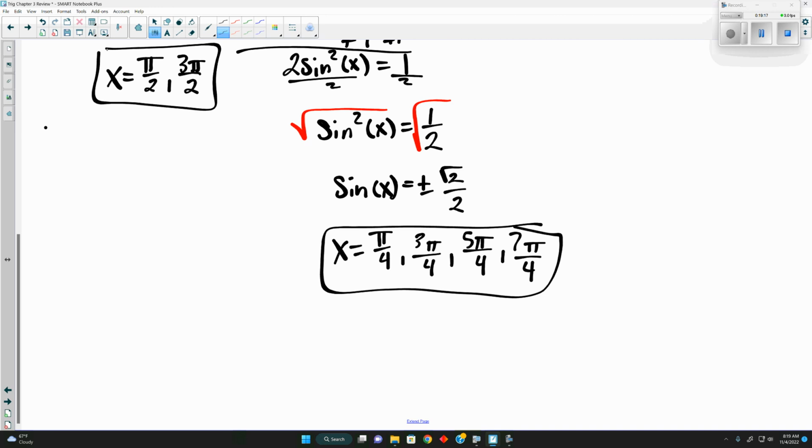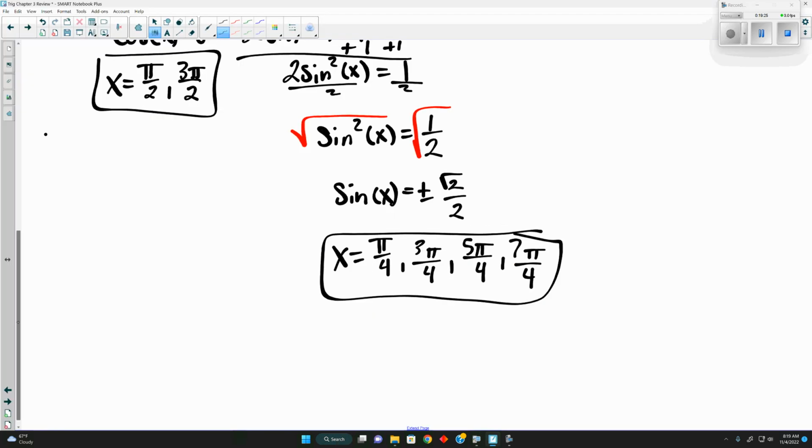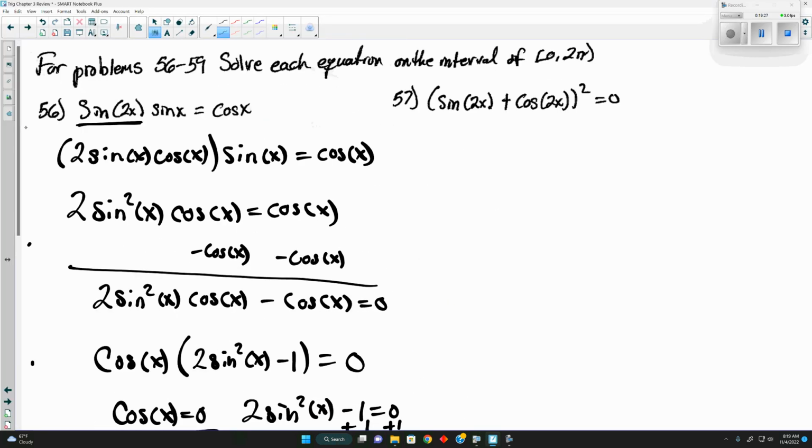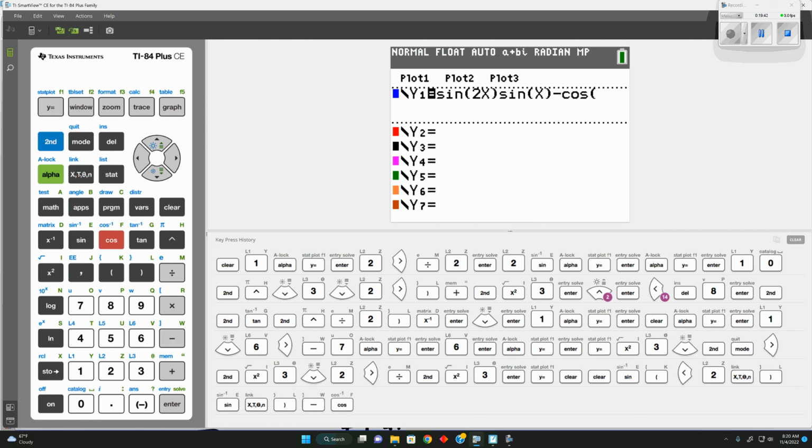And I mean, if we wanted to, we could graph this to see what it is. Sine of 2x, sine of x, minus cosine of x. Graph.